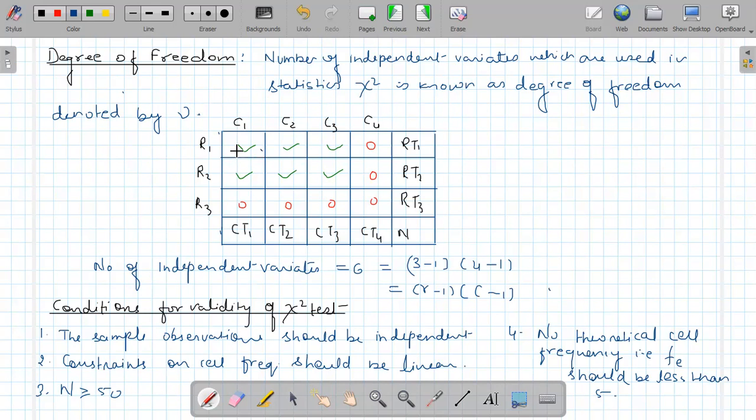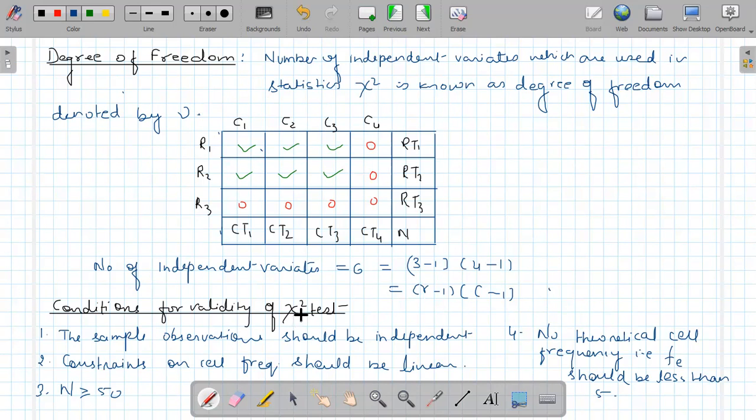So the total number of independent values is 6, which is the total number of rows minus 1 into the total number of columns minus 1, the product of these two. So the degree of freedom in the case of the chi-square test for independence of two attributes is (row minus 1) into (column minus 1).